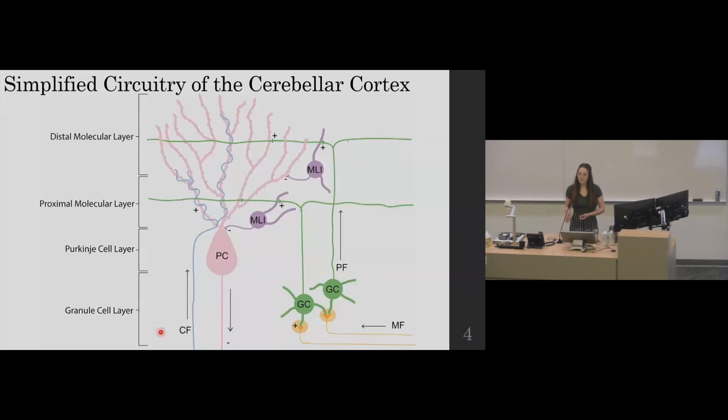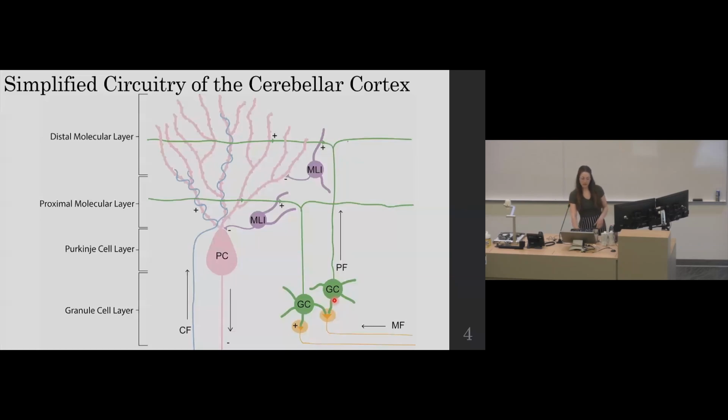The other type of inputs coming into the cerebellar cortex are mossy fibers, which originate from multiple different brainstem nuclei. And the mossy fibers come into the granule cell layer and create excitatory synapses with granule cells at these specialized structures called glomeruli.